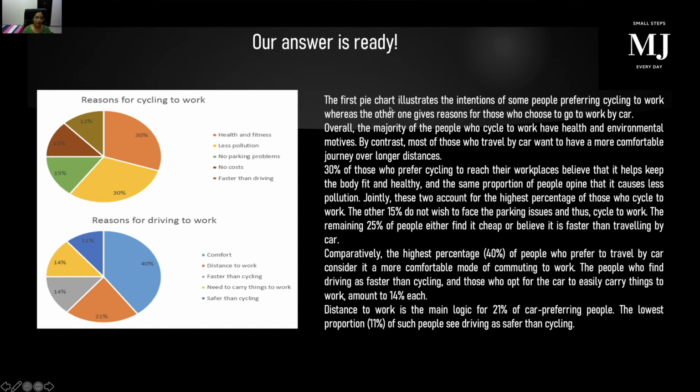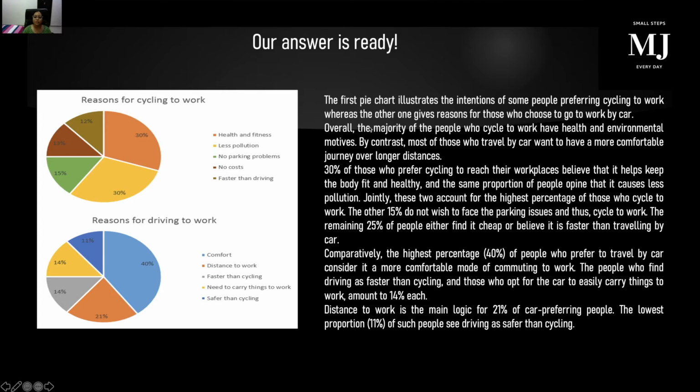The first pie chart, remember the subject-verb agreement, the first pie chart illustrates the intentions of some people preferring cycling to work, whereas the other one gives reasons for those who choose to go to work by car.